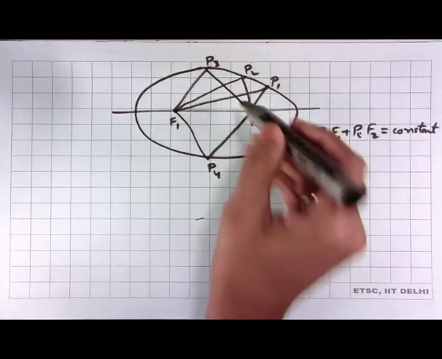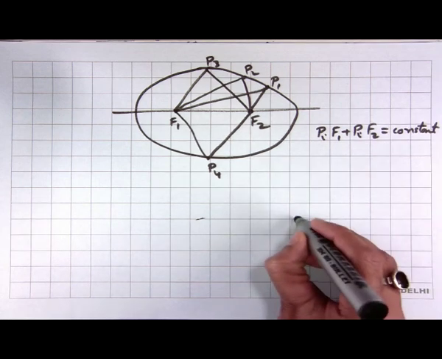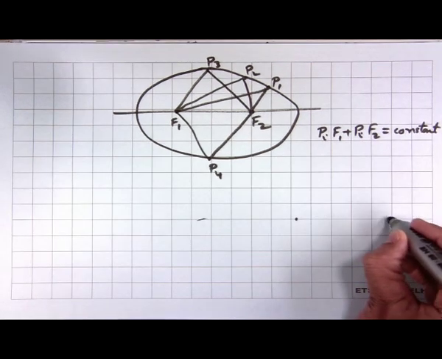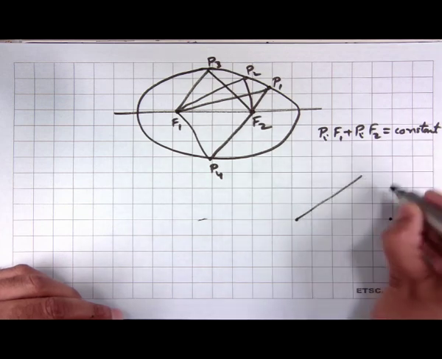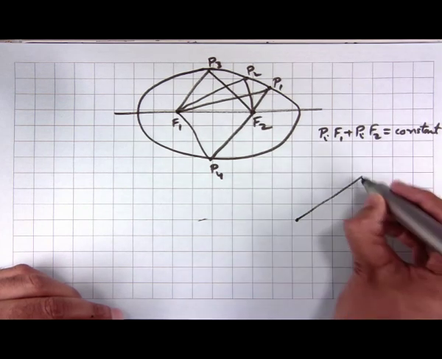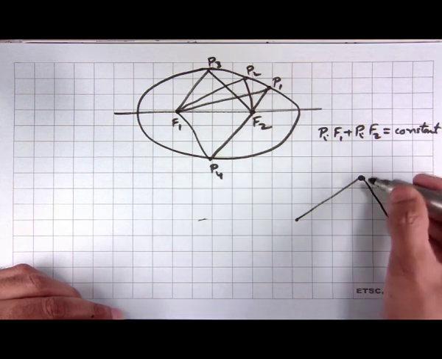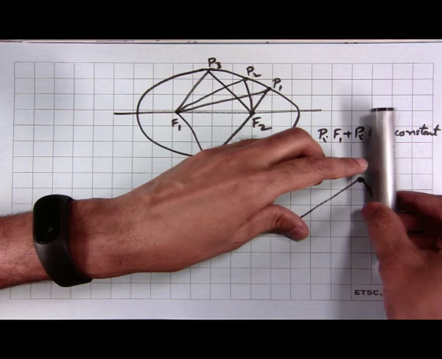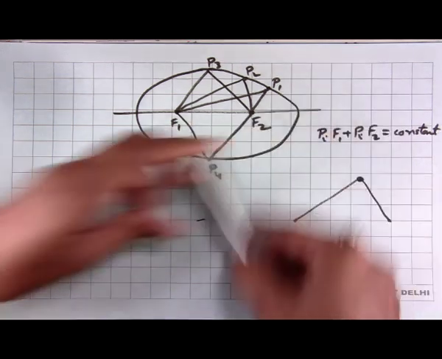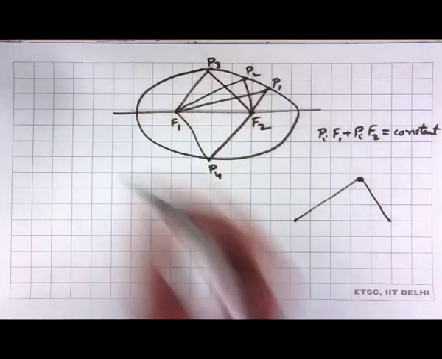In this case, you take two different fixed points, take a thread and fix it at some point, and if you keep the length of the thread the same and keep rotating, you get this ellipse.